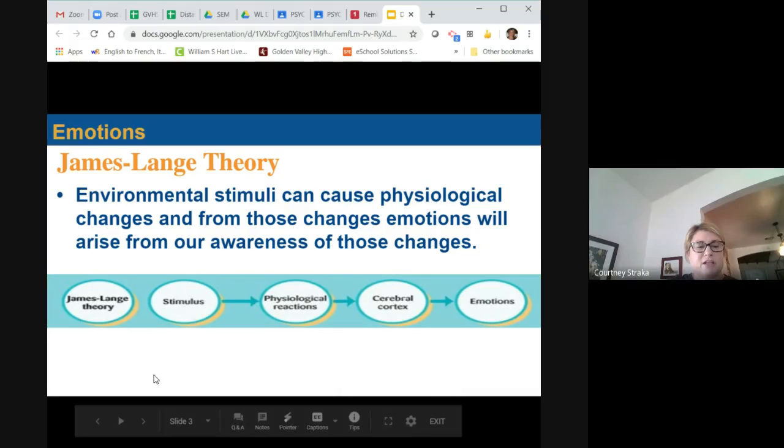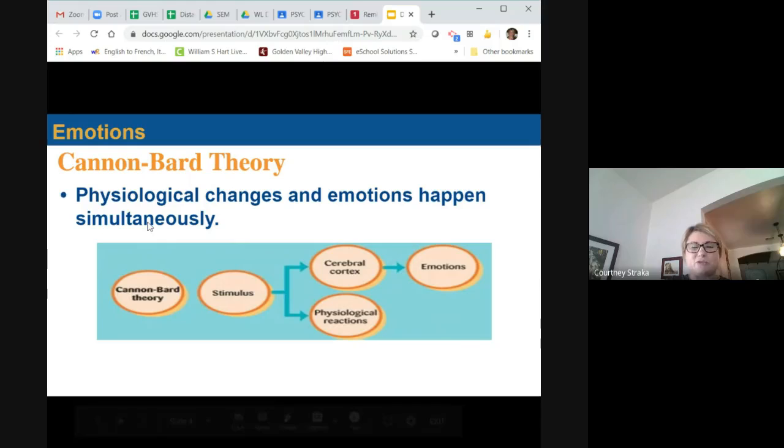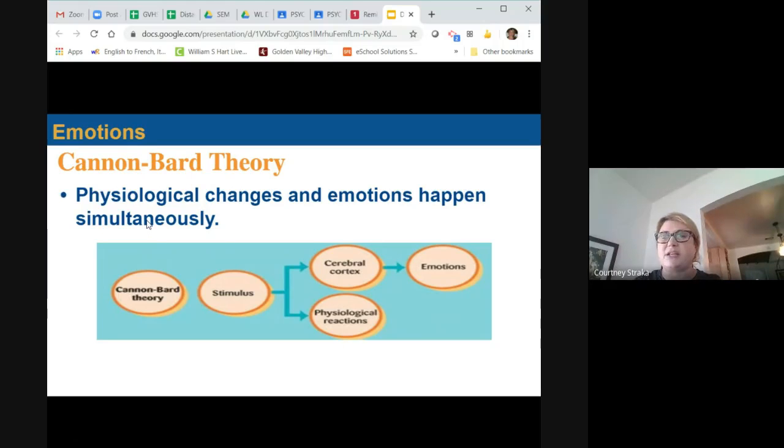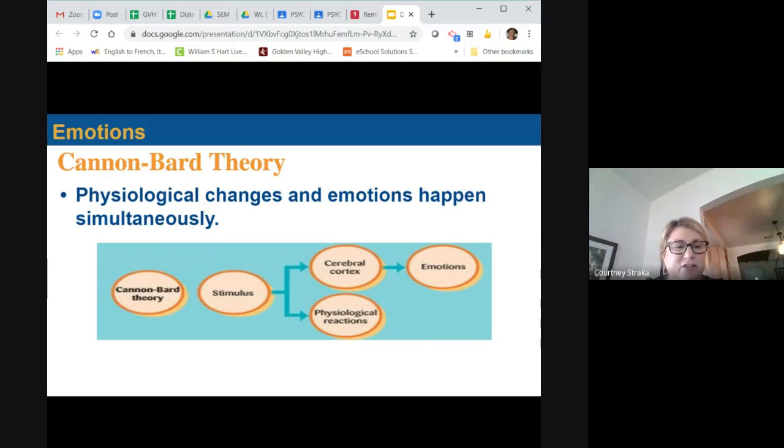Now the next one, the Cannon-Bard theory. Physiological changes and emotions happen simultaneously. What does the word simultaneously mean? At the same time. That's exactly it. So they're saying no, it's not linear, not this, then this, then this.